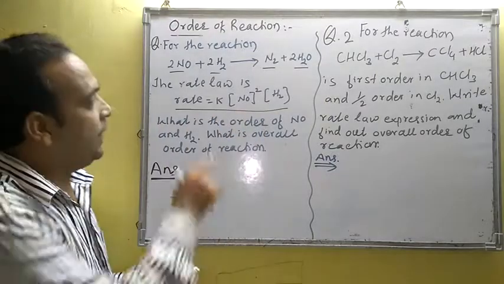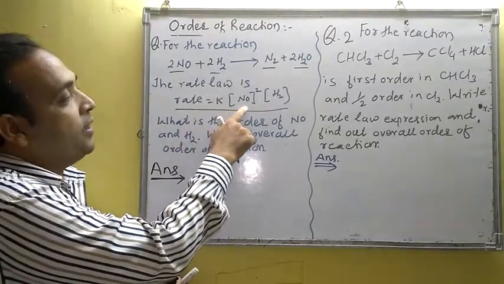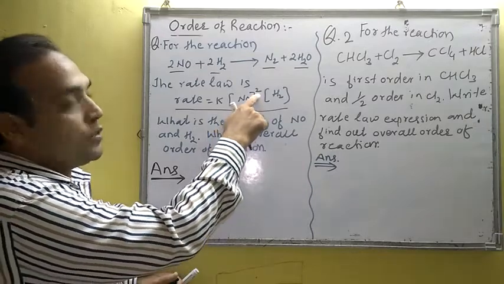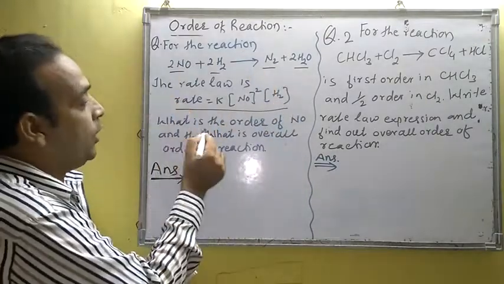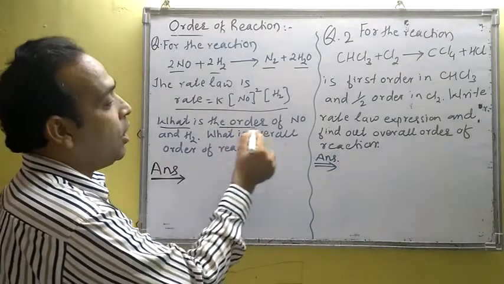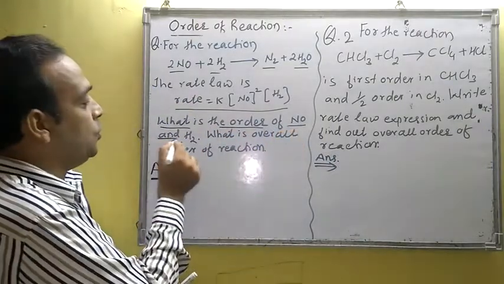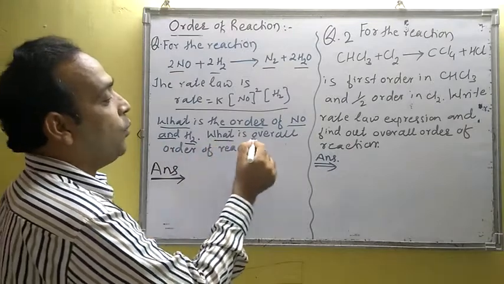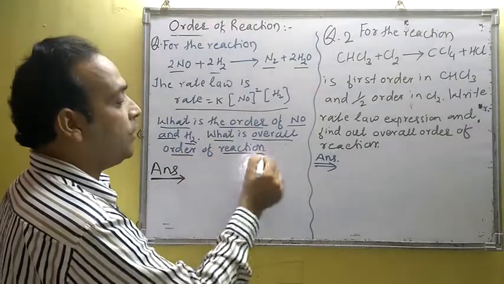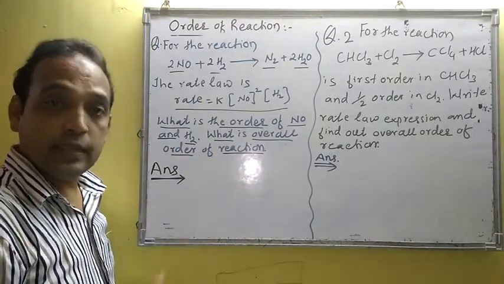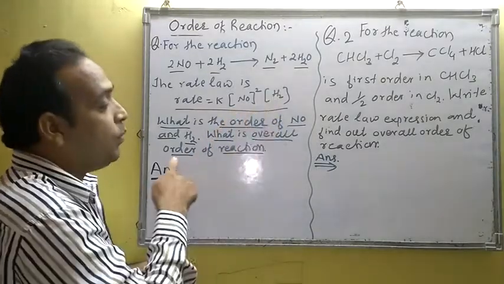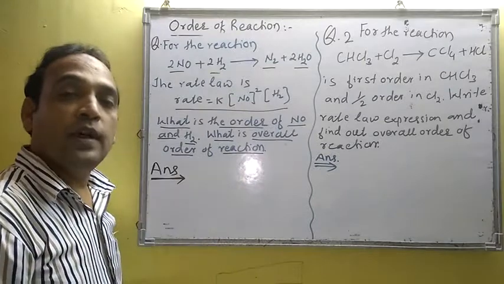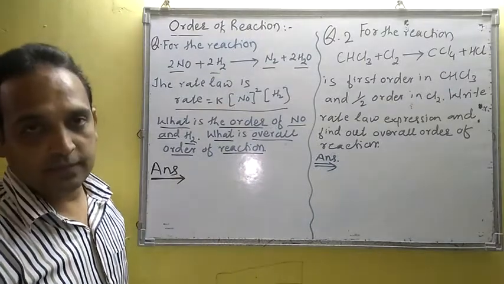Rate is equal to k [NO]^2 [H2]^1. What is the order of NO and H2, and what is the overall order of the reaction? What will be my answer?